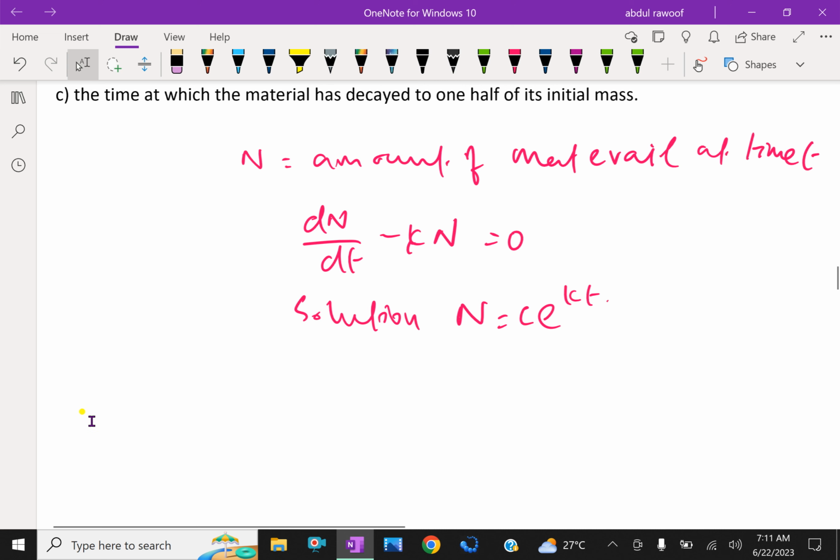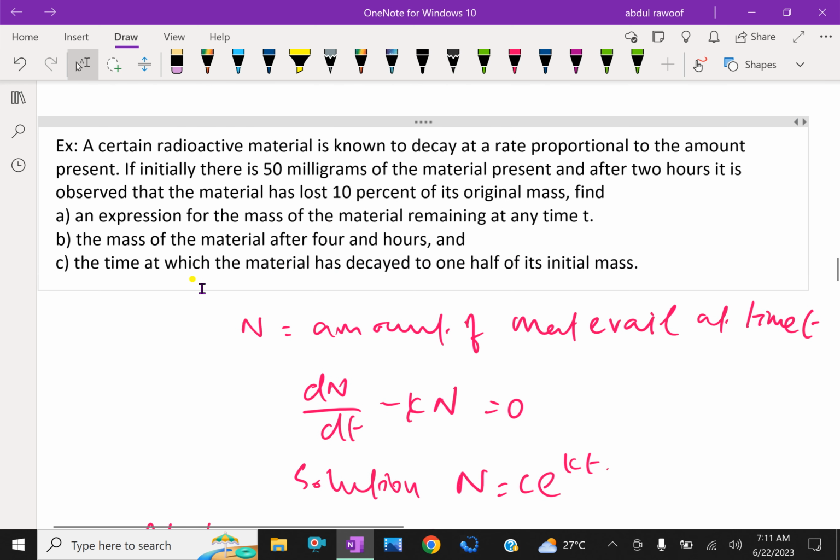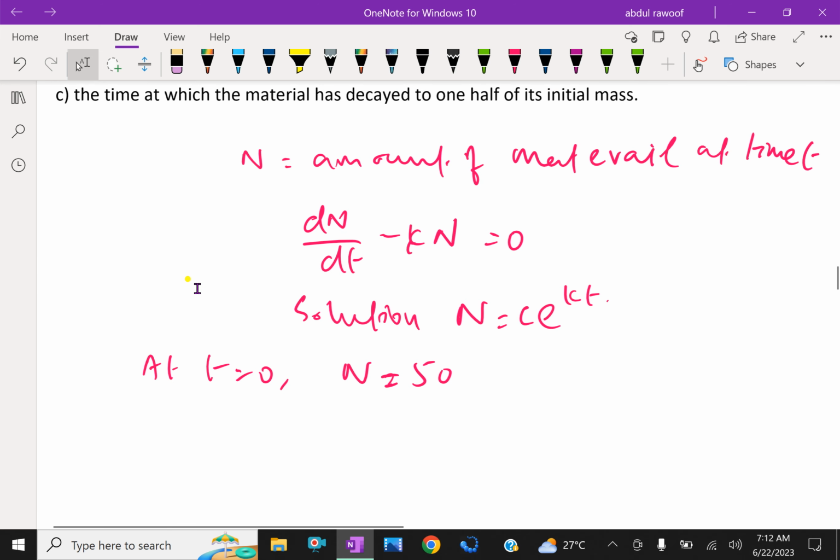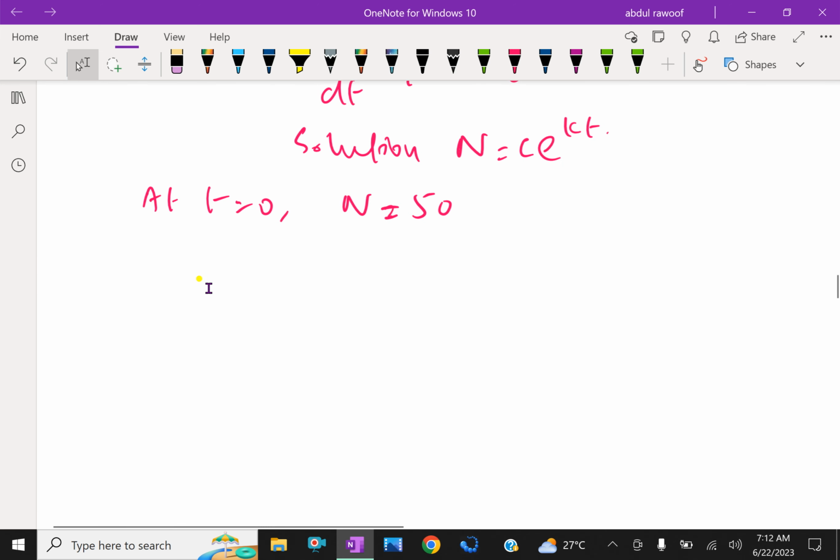Now the conditions given: at time t equal to 0, initial time, N equal to 50, because initially it has 50 milligram.